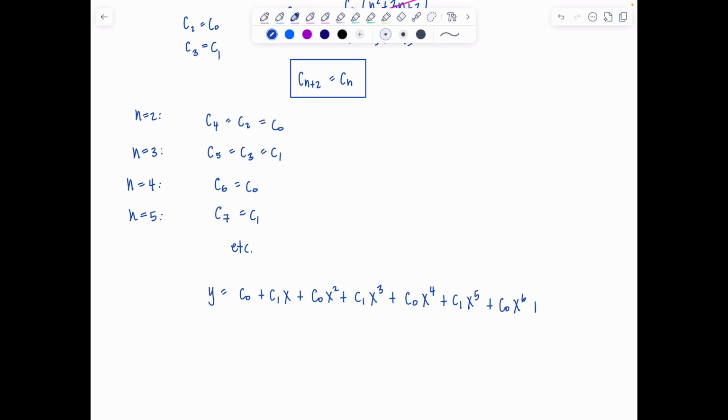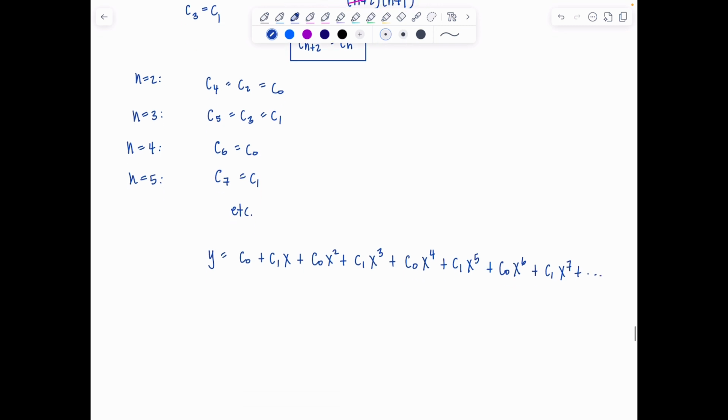Oh, so relaxing. I should have picked a harder one. I don't know, but they did take a while. So y is C0 times 1 plus x squared plus x to the 4th plus x to the 6th plus C1 times x plus x cubed plus x to the 5th plus x to the 7th.